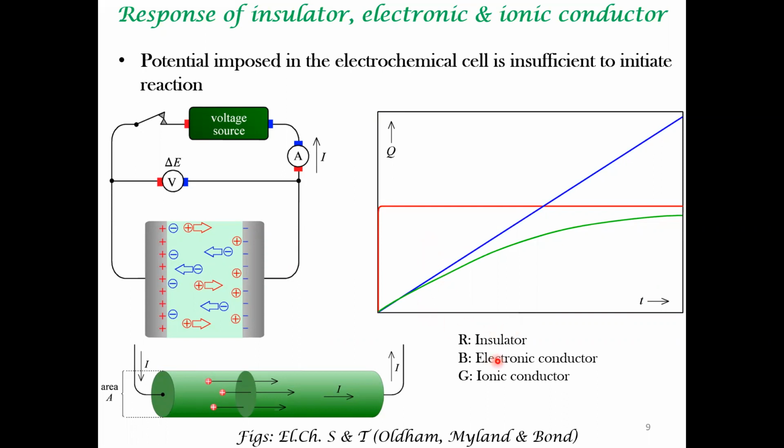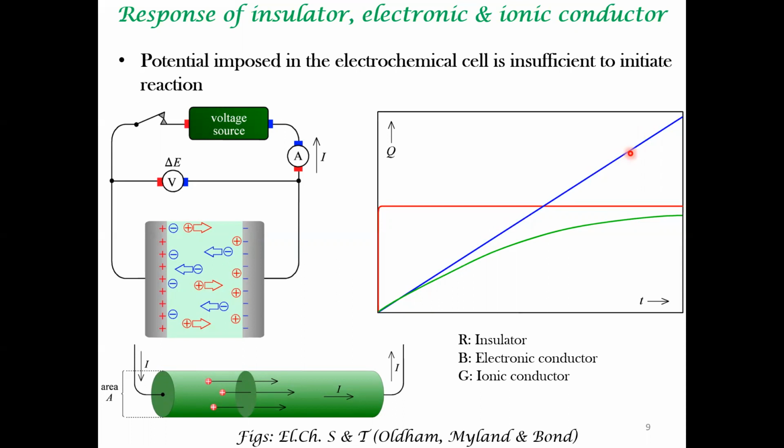As opposed to an insulator, when a potential is imposed on an electronic conductor, with time, the charge that is passed across the electronic conductor keeps increasing. And the increase in an ideal electronic conductor is in a linear manner.